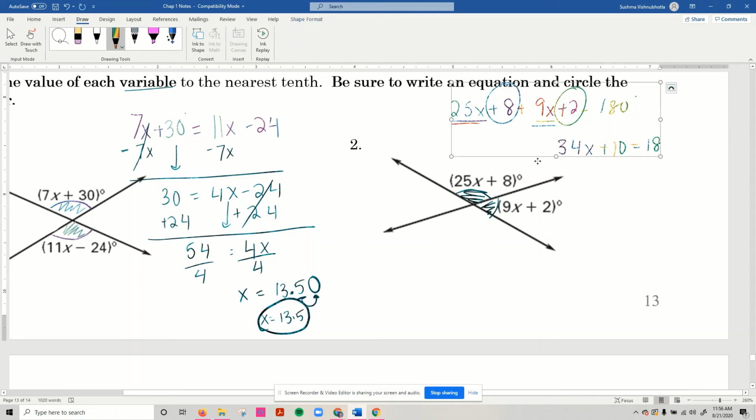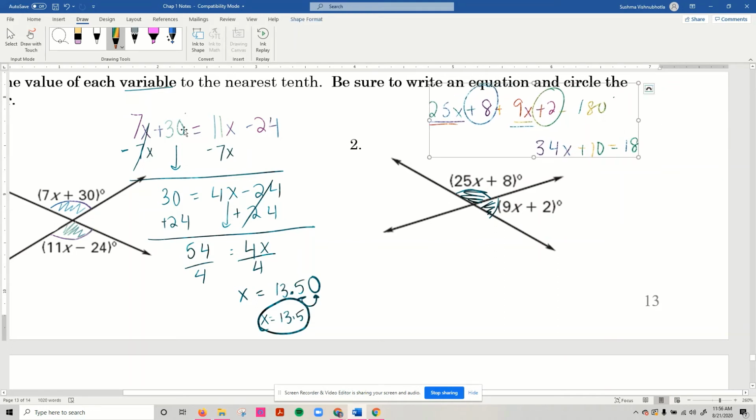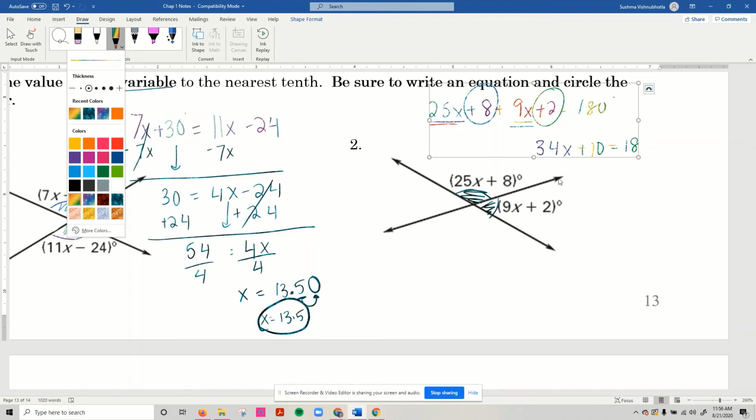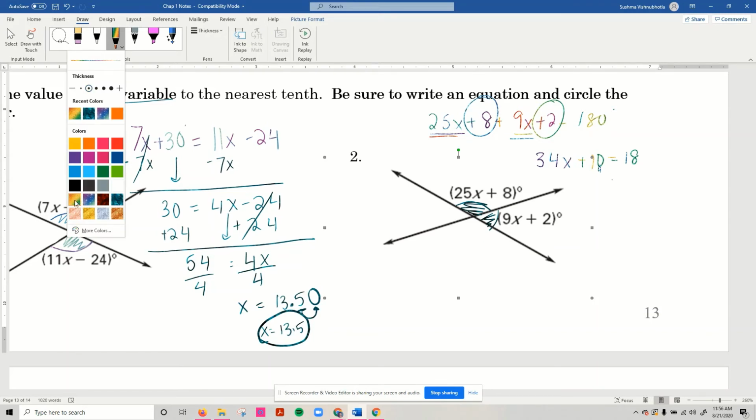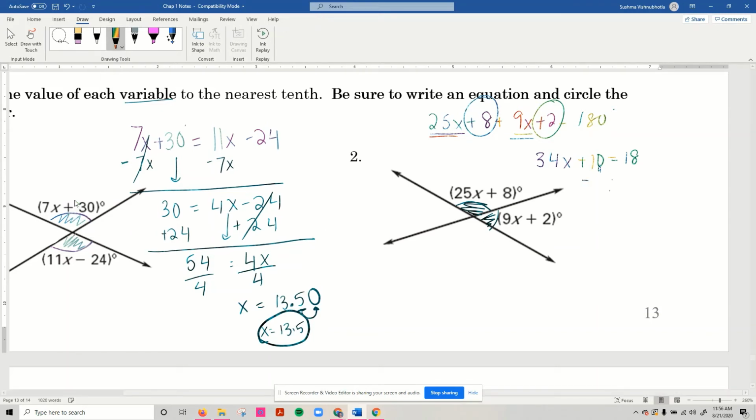Subtract 10 on both sides. You get 34x is equal to 170. Divide by 34. And you should get x is equal to 5.